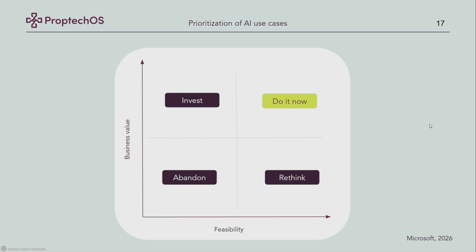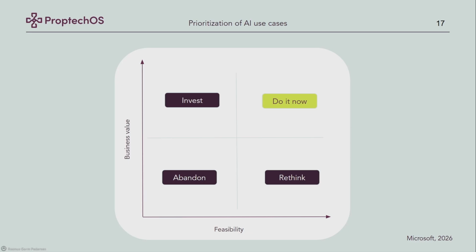This slide was presented yesterday, or this model by Charlie Lagervik from Microsoft, and it's actually very interesting because these use cases, of course, the ones that have a high feasibility and a high business value, do it now.